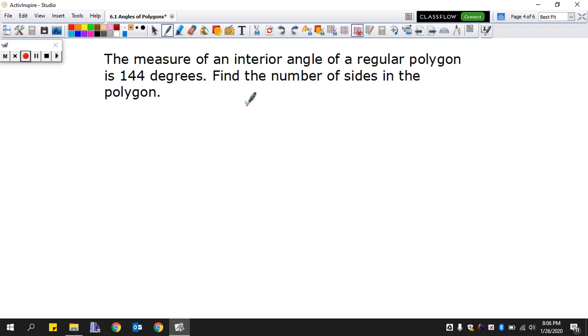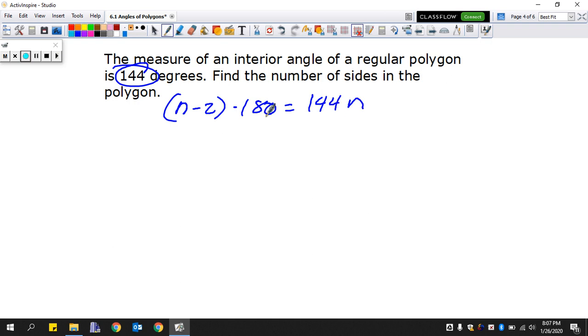So we know that n minus 2 times 180 is equal to the sum of the interior angles of the polygon, which we know each angle is 144. We just don't know how many sides there are, so we're going to call that n.